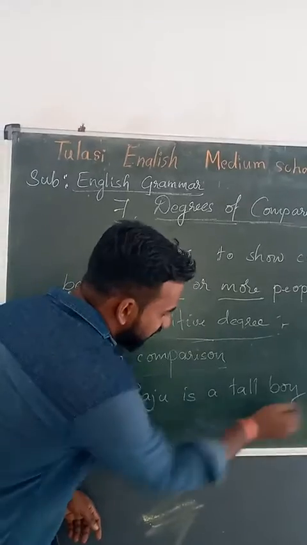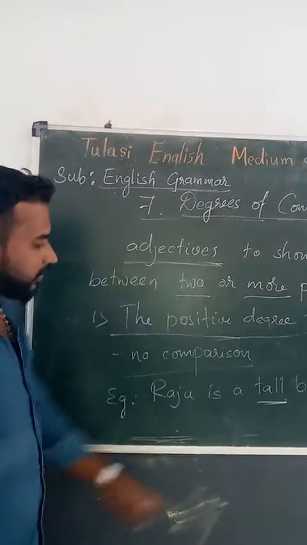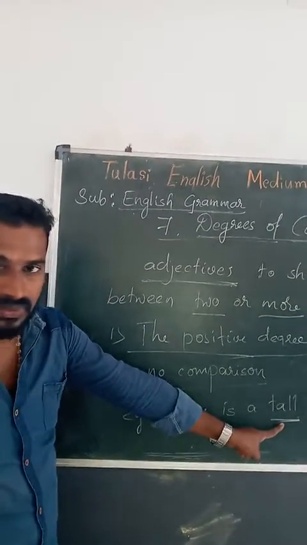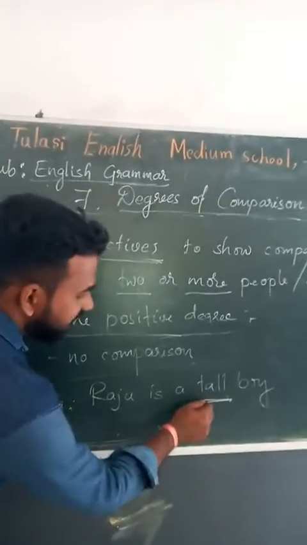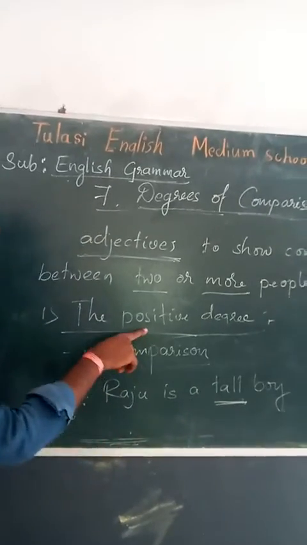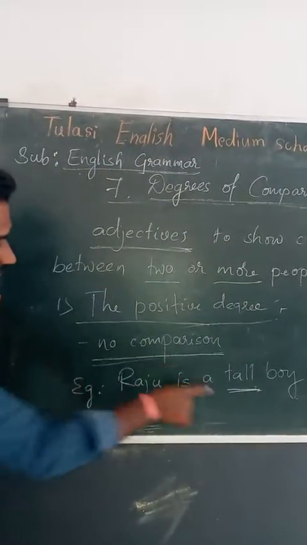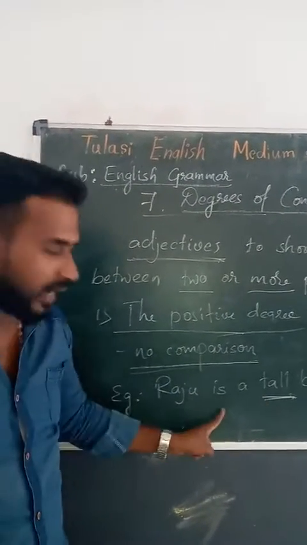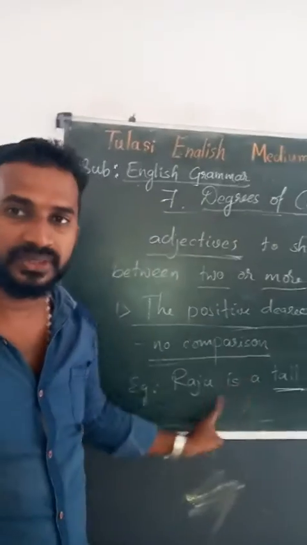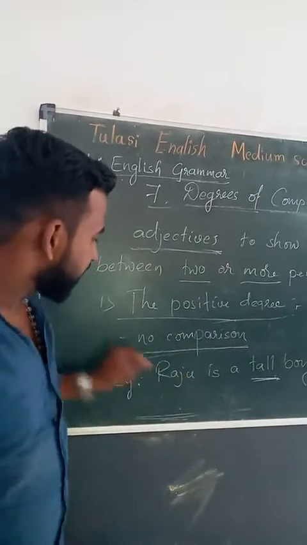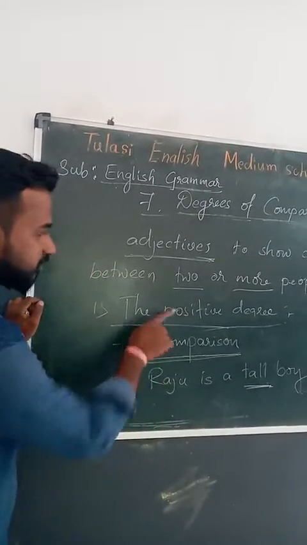Here, boy is also a noun. Here, tall boy. Tall is an adjective used in this sentence. Raju is a tall boy. Here, this adjective we use it in the positive degree. So, no comparison is involved here. We did not compare Raju with anyone. So, the sentence shows that no comparison is involved in this sentence. See, this is positive degree.